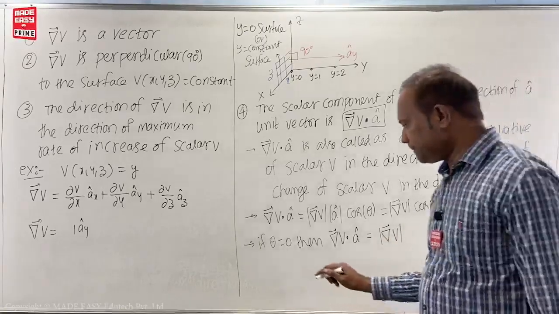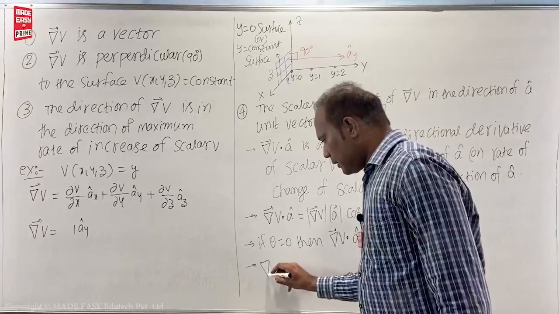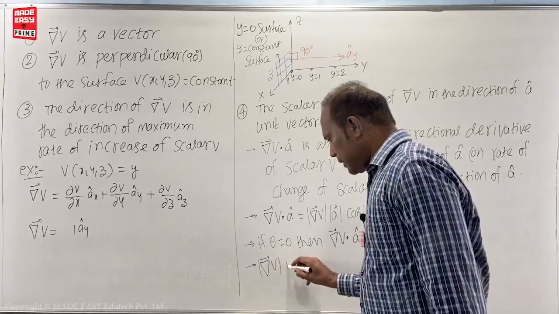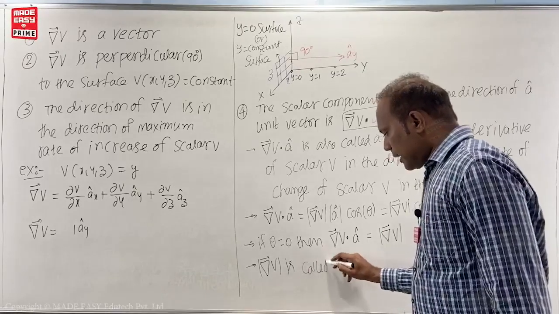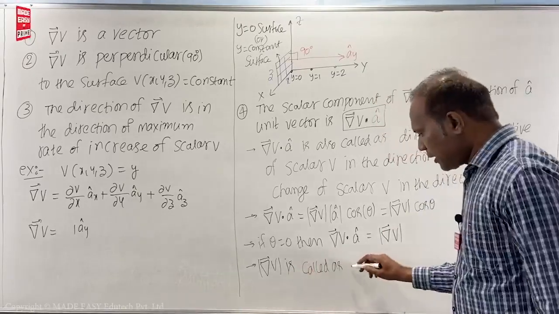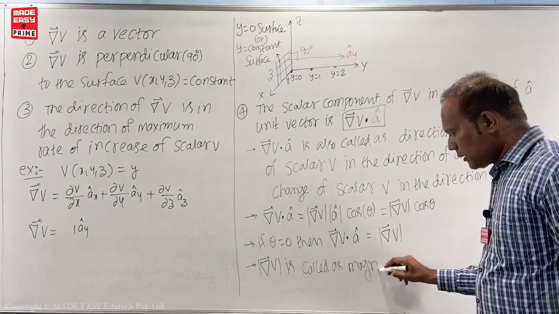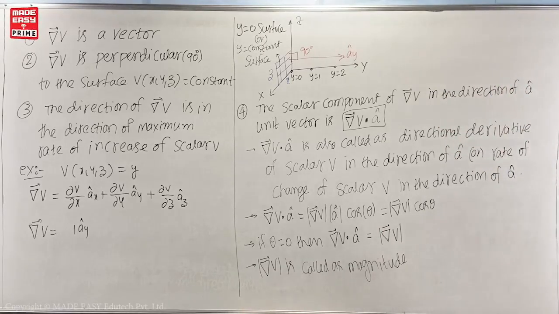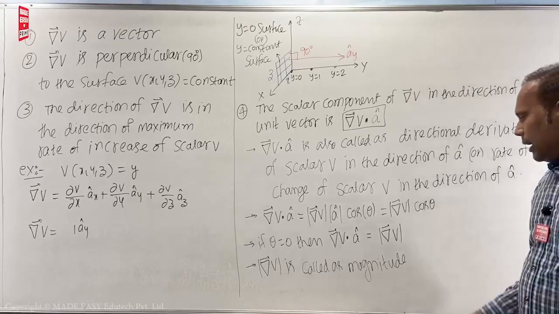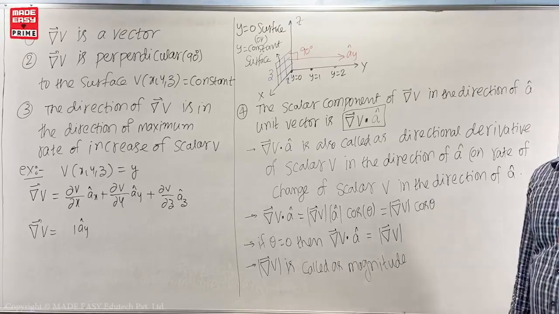So that is why this modulus of grad v is called magnitude, and whenever theta is 0, it is the highest value.